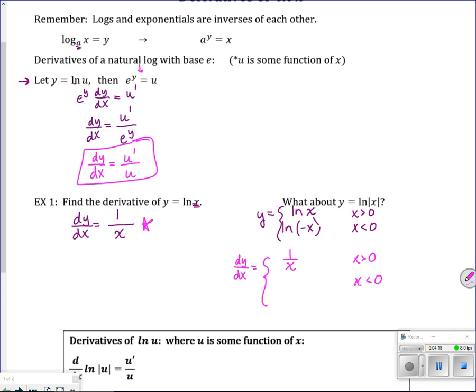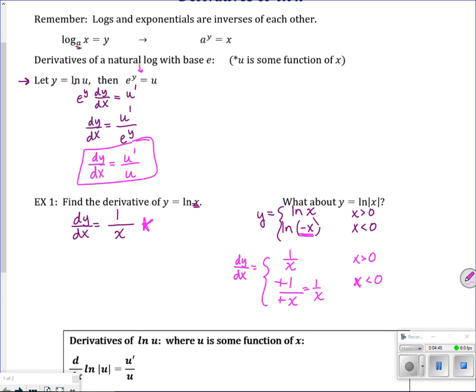So what happens if we have natural log of -x? So this would be our u. It goes on the bottom, so -x. Now what is the derivative of -x? That's -1. Well, very nicely, those cancel, and I also get 1 over x.